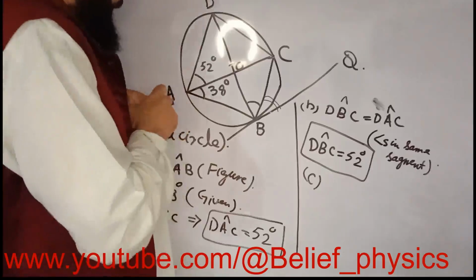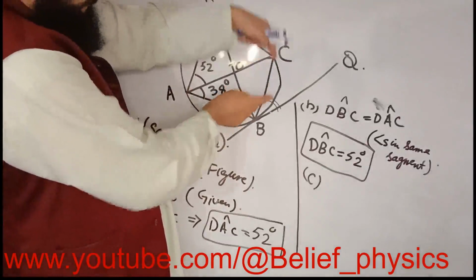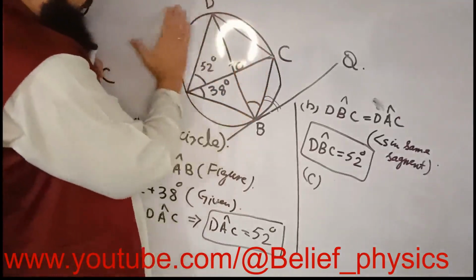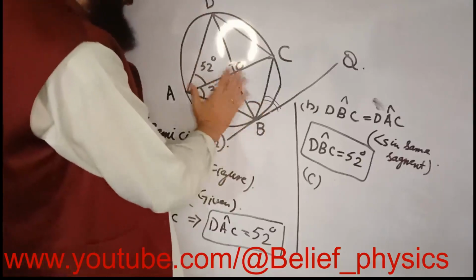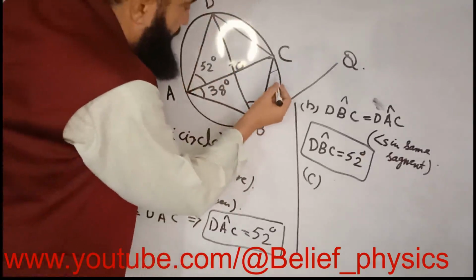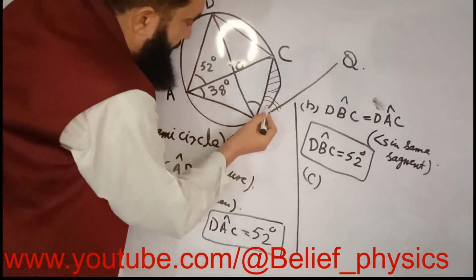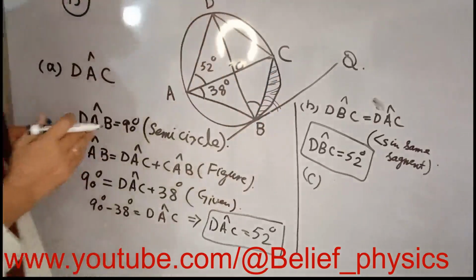CB has this arc. This is one segment of the circle cut by CB, and this is another segment of the circle. This segment and this whole segment are the alternate segment.